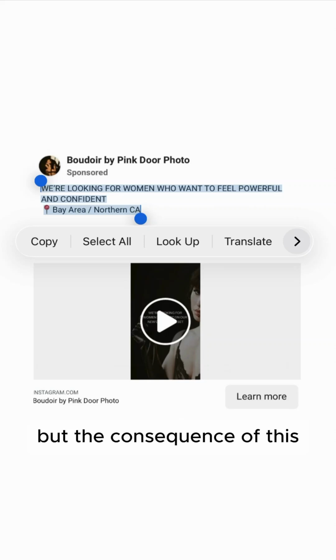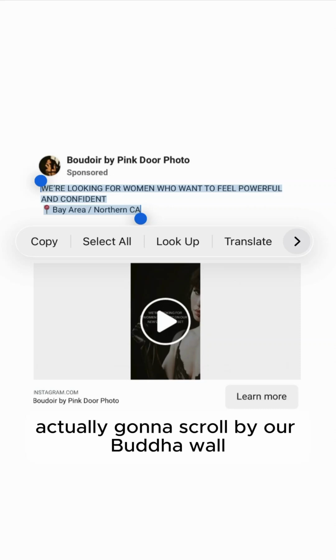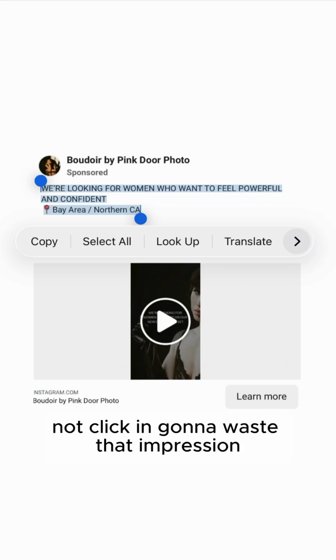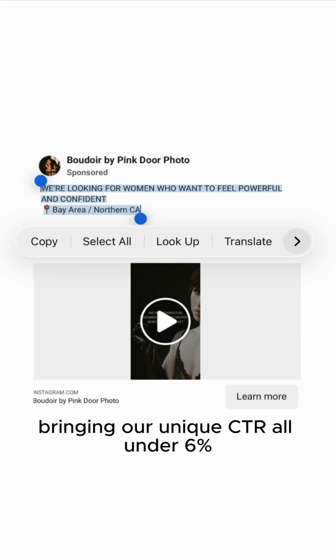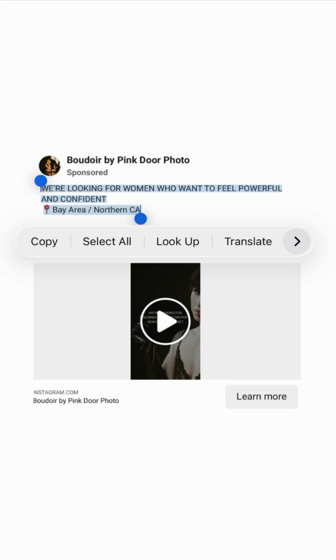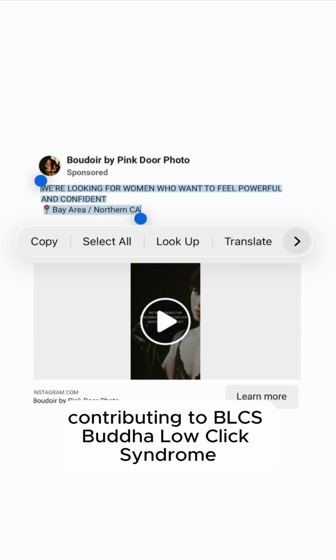But the consequence of making this mistake is way more women actually going to scroll by our boudoir Facebook ad, not click in, going to waste that impression, bringing our unique CTR under 6%, contributing to BLCS, Boudoir low click syndrome.